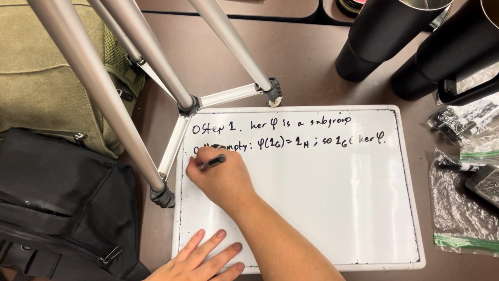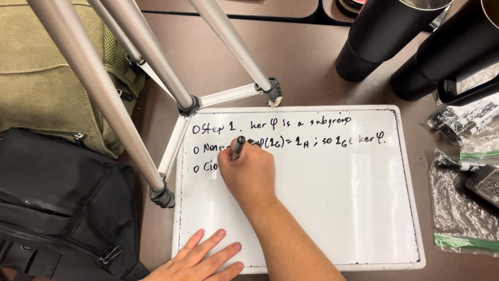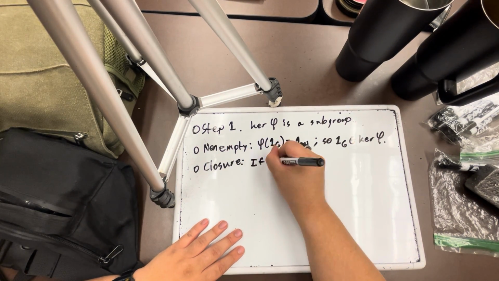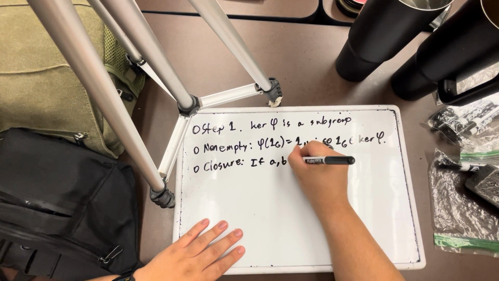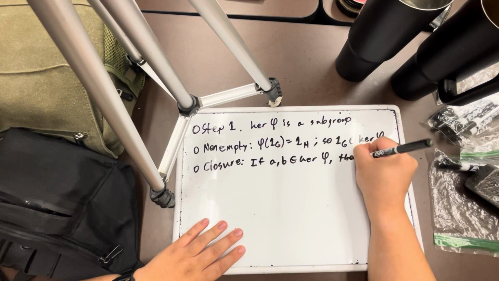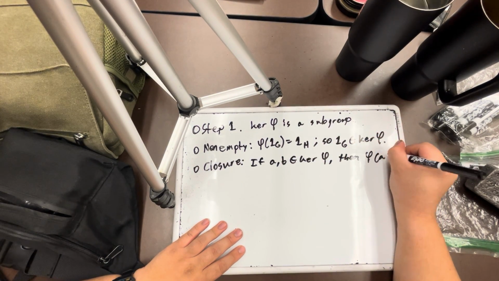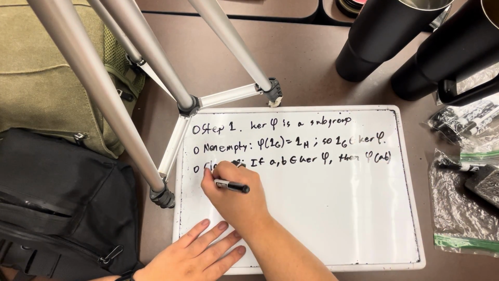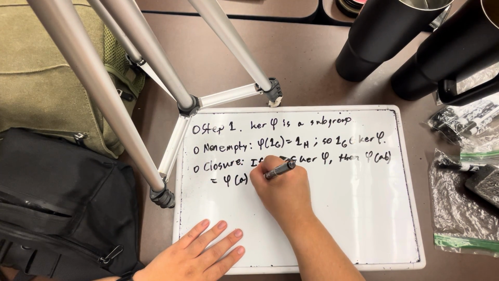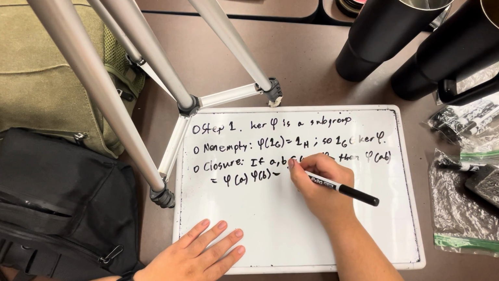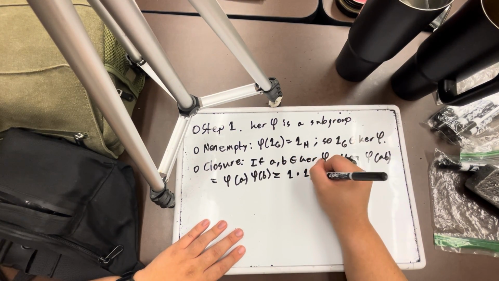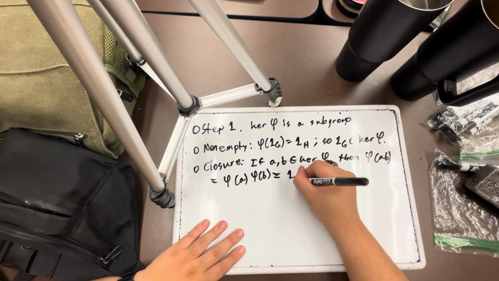Now, for closure, if a, b are contained within the kernel of phi, then phi of ab, well, that's equal to phi of a times phi of b, which is equal to the identity of h times the identity of h, which is equal to the identity of h.